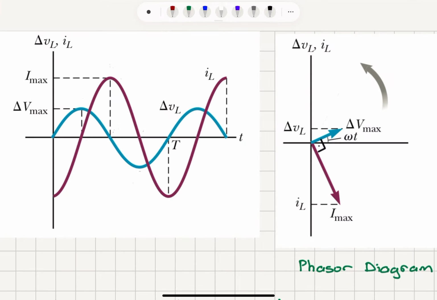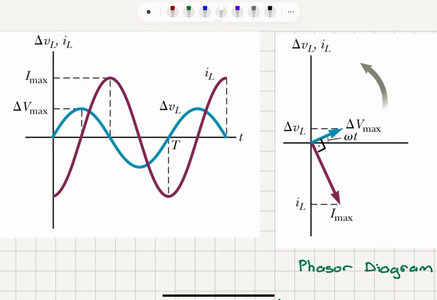If we plot the voltage across the inductor and the current flowing through the inductor, when the voltage is following the sine omega t pattern, you can see that the current is lagging behind by pi over 2.